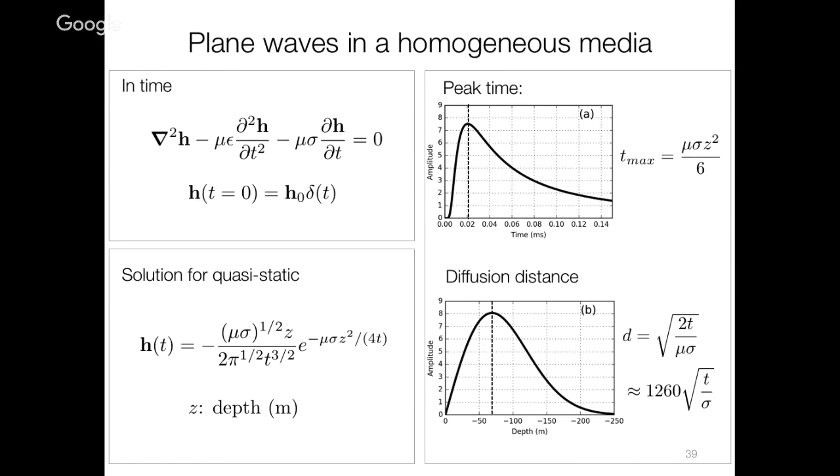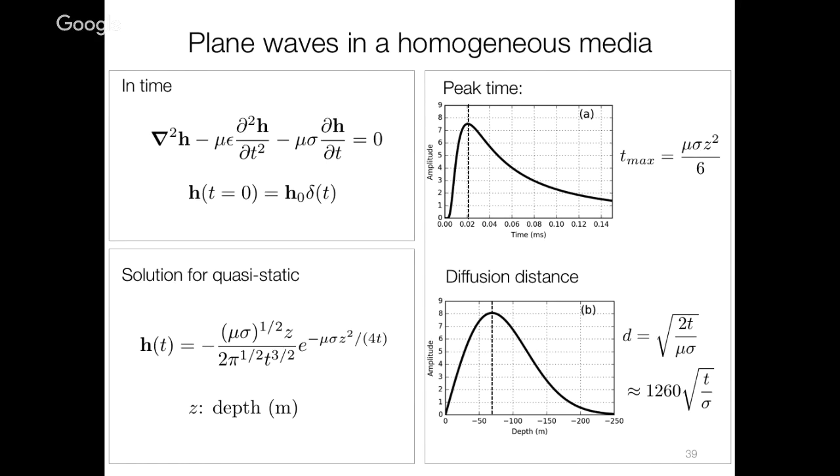And if at a particular time I took a picture, I'd see there's a maximum at some depth up here, and then it goes back to zero. So that's kind of what my pulse would look like at a particular time. And there's a peak here that is called the diffusion distance. This peak is given by this formula here.